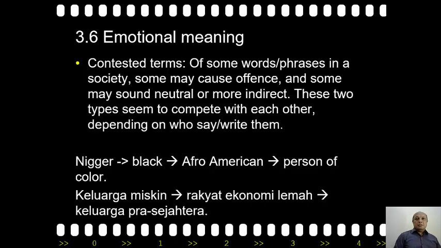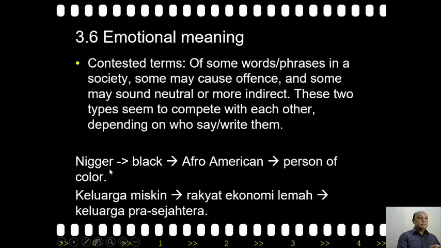But people who sympathize with gay people would probably use other terms. If these terms are used in society, they compete against each other. That's why the name is contested terms.